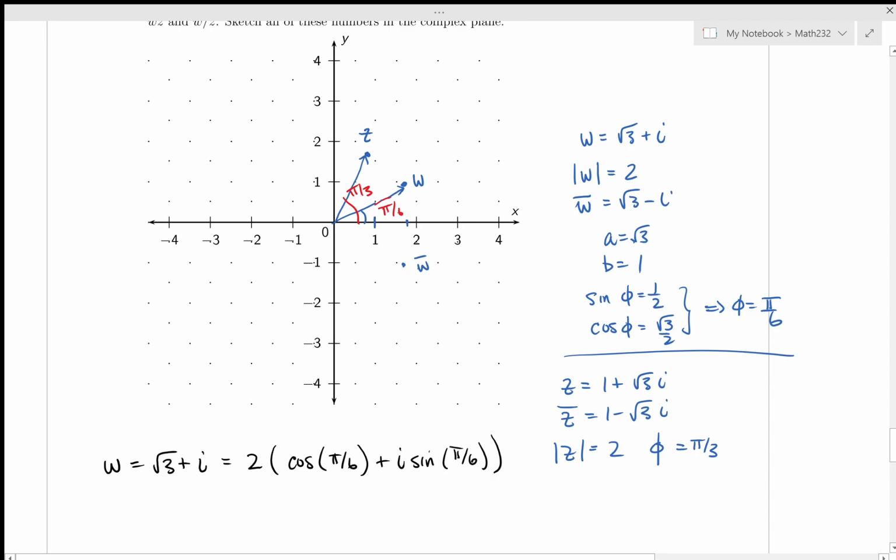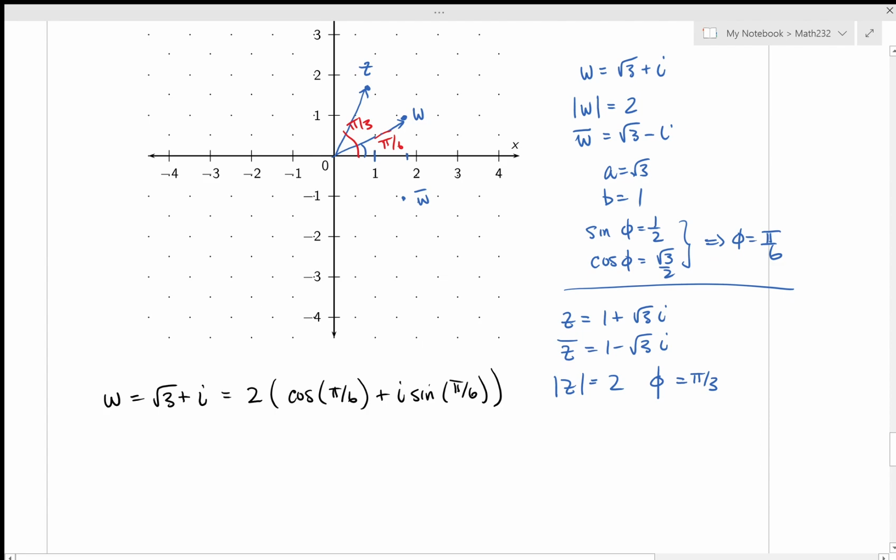That is the polar form of W. Similarly, I can do the same thing for Z. Z is equal to 2 times the cosine of pi by 3 plus i times the sine of pi by 3. So that is W and Z in their polar form.